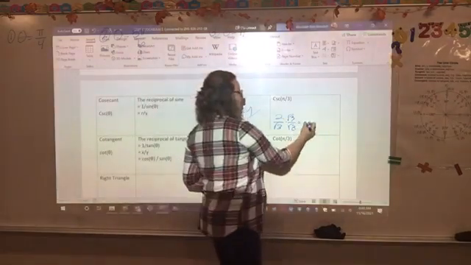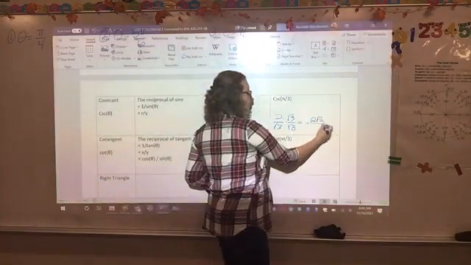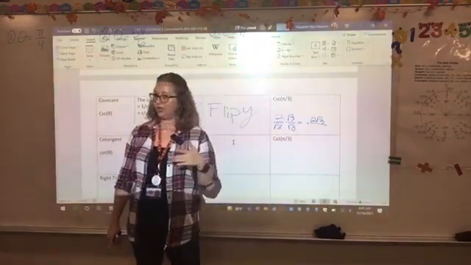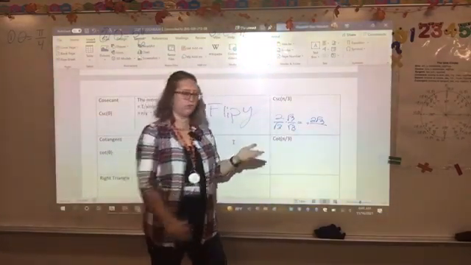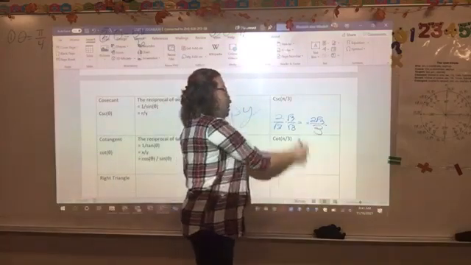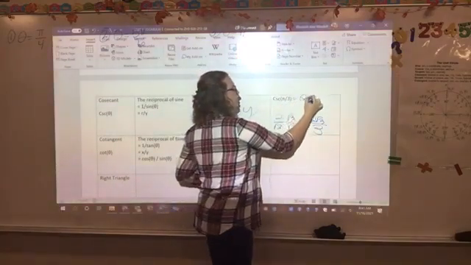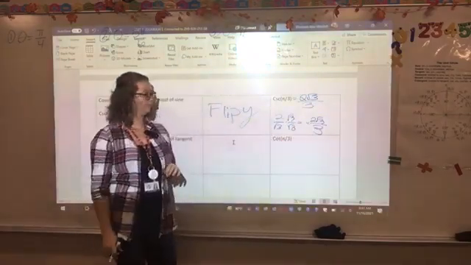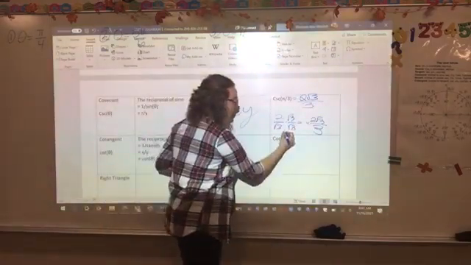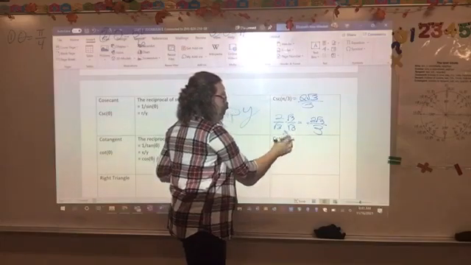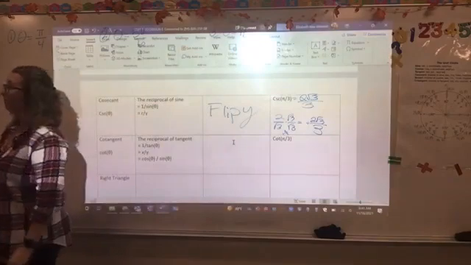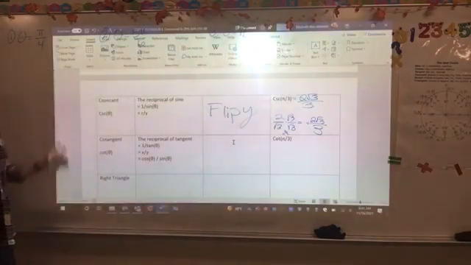So I end up with 2 root 3 over the square root of 3 times the square root of 3, which is the square root of 9. The square root of 9 is 3. So cosecant of pi thirds is 2 root 3 over 3. Questions on that?